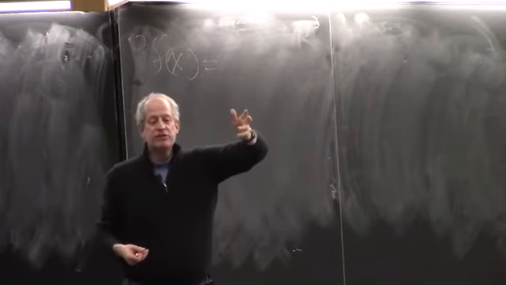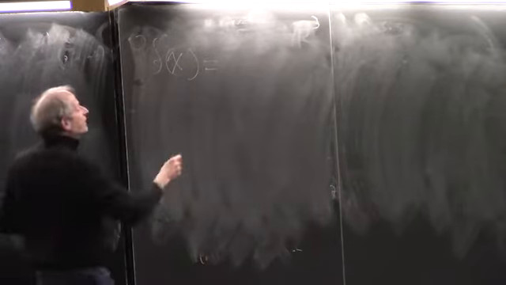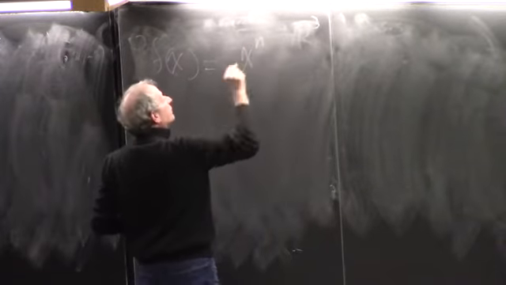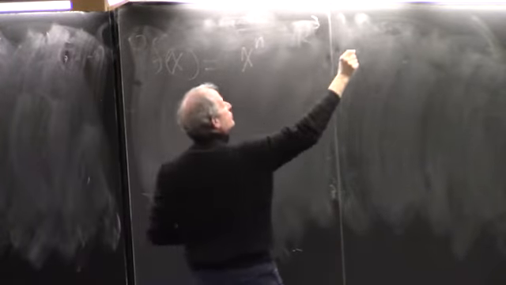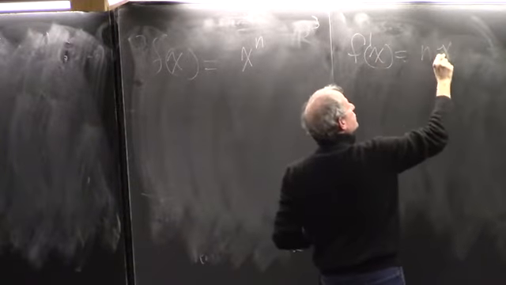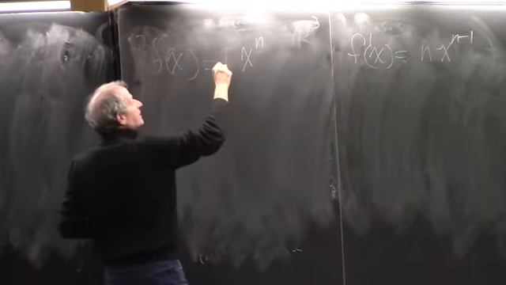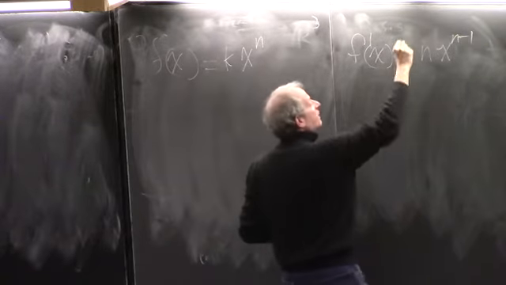Okay. So if you have any function and you want to take a derivative, you should be able to take a derivative of any function. So the basic thing is if you have some kind of polynomial, remember what you do? I'll use this side. You bring the power in front, and you subtract 1 from the power. And if you had a constant here, you just leave the constant.